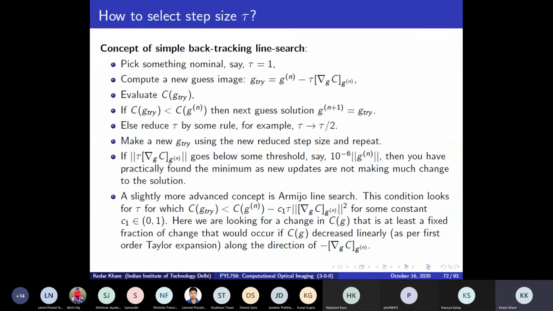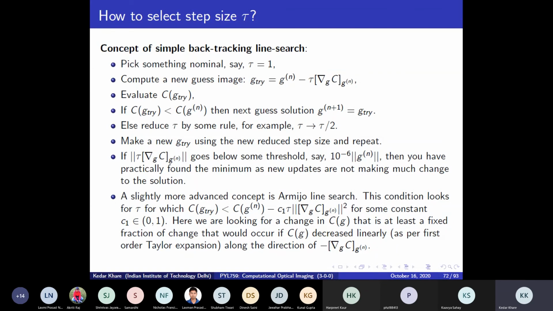So why I'm taking both of them is because, suppose I have found a tau for which G_n has now become G_{n+1}. Then G_{n+1} is equal to G_n minus tau times the gradient. Then if I look at the change in successive iterations, G_{n+1} minus G_n, what is the norm of that? Norm is like RMS, isn't it?